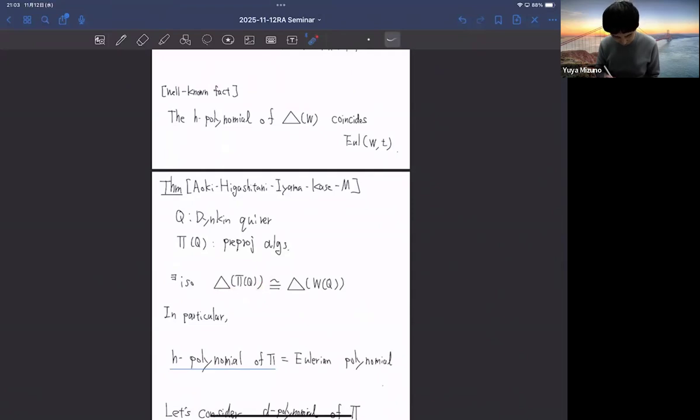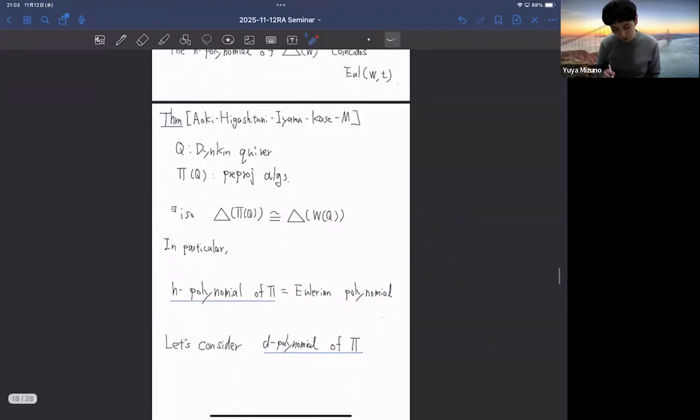In particular, by the previous fact, the h-polynomial of this simplicial complex is the h-polynomial of the Coxeter complex, and because of this fact, this is given by the Eulerian polynomial. In this sense, we can say the h-polynomial of the preprojective algebra is the Eulerian polynomial.